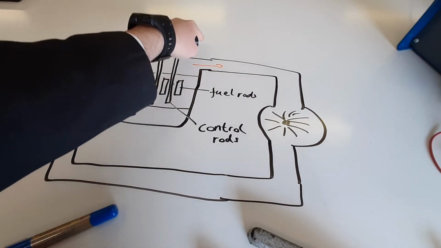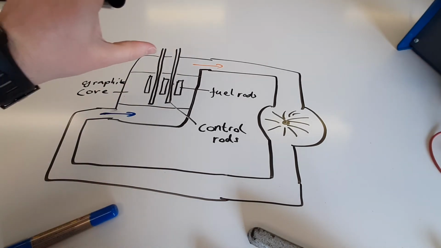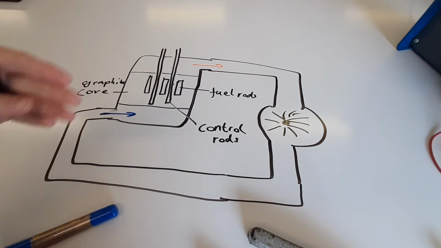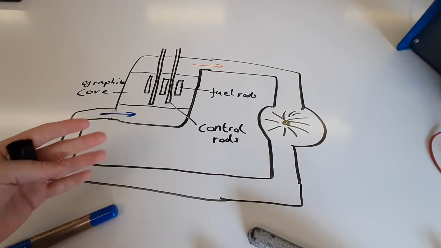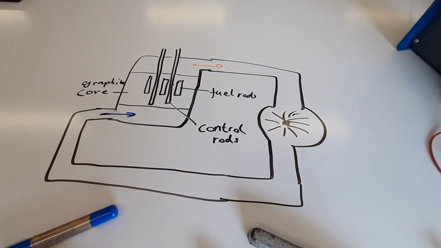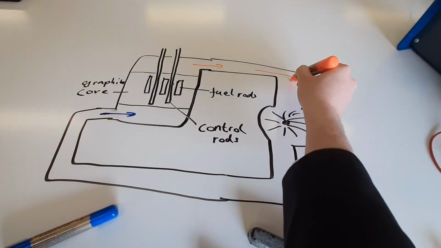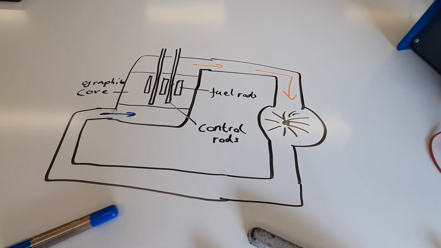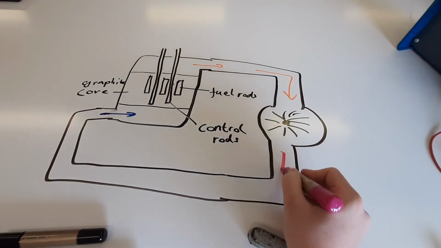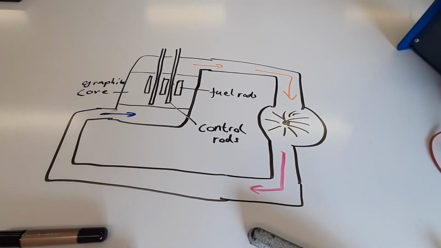Things like a small pressure chamber on there to absorb any changes in pressure. But this is generally the idea. Steam comes around, drives a steam turbine, which then sort of cools down. I'm actually going to use a different color pen for this one, for the cool down water. Extracting the energy out of that.